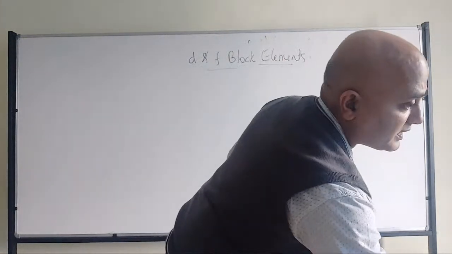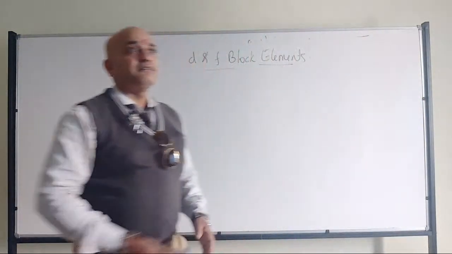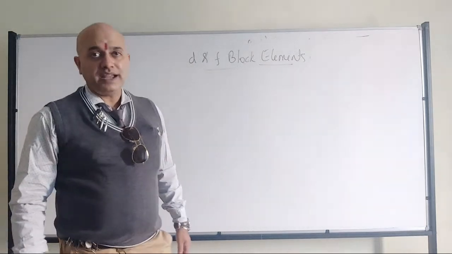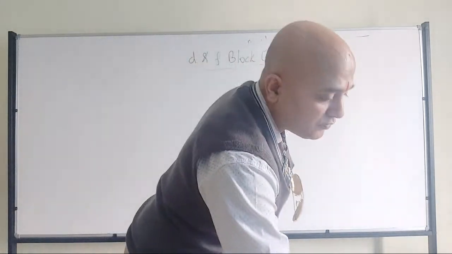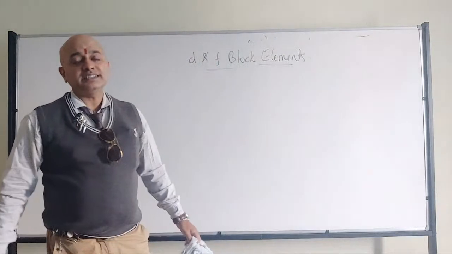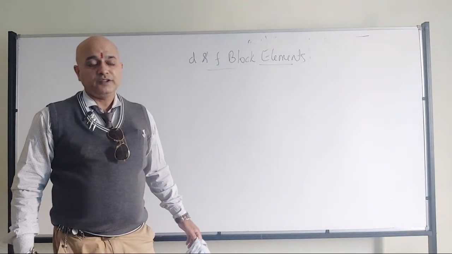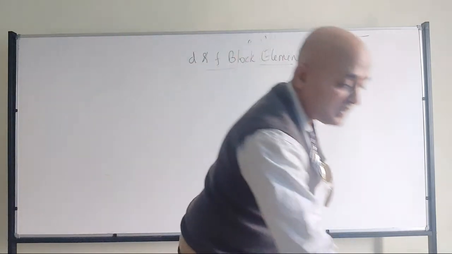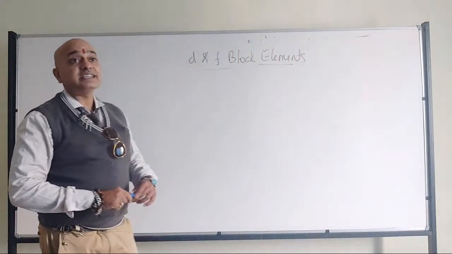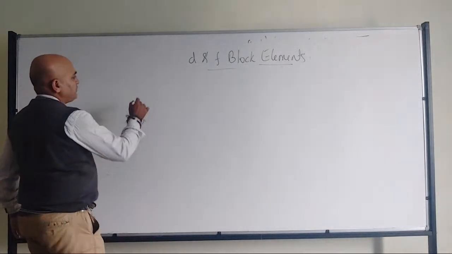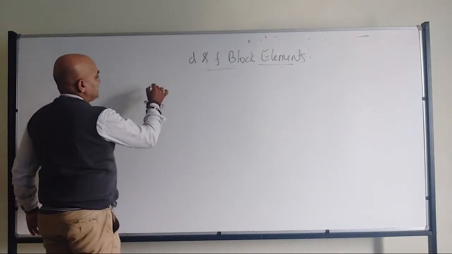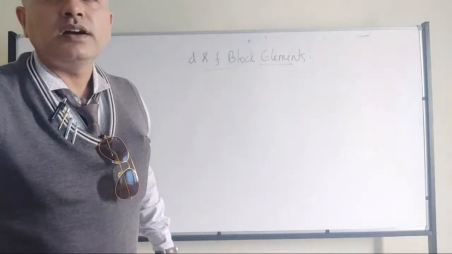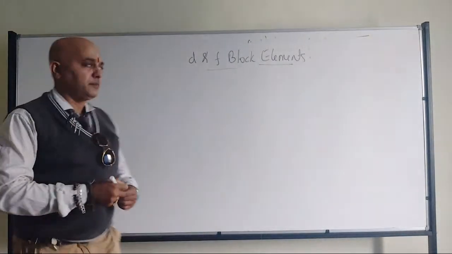Fine. We will come to the next one. But there are some elements which will not follow the +3 oxidation state. For example, 63. Write the electronic configuration. 63 means europium.